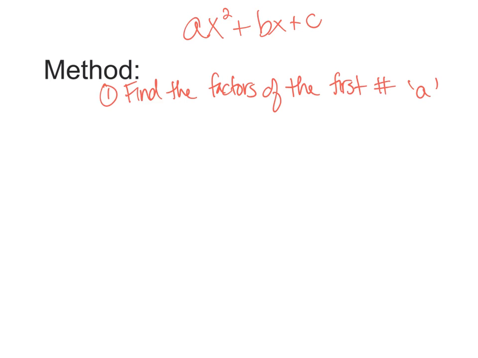Find the factors of the first number. So what are the two numbers that make the first number? Step 2. Find the factors of the last number. That one is a c. It's at the end. It's the constant. It's the number that has no variable with it.